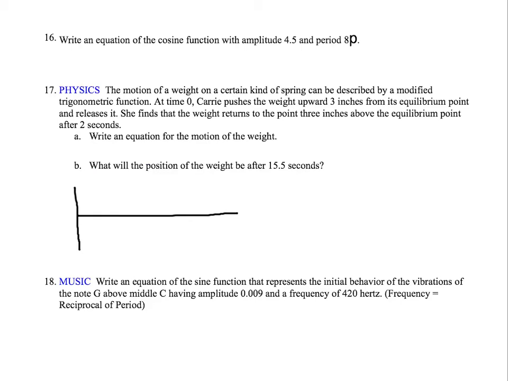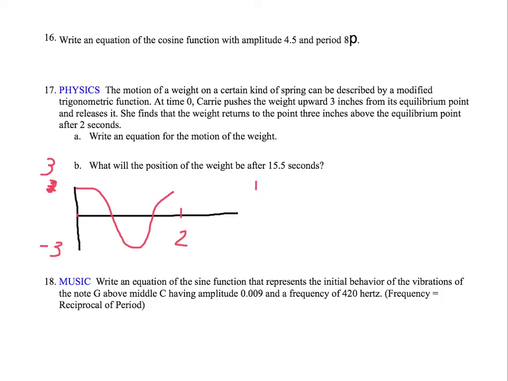Okay, just going to do one of the word problems for you. This physics problem is pretty cool though. The motion of a weight on a certain kind of spring can be described as a trig function, which is true. At time 0, Carrie pushes the weight upward 3 inches. Oh, not 2, 3. So that means we have an amplitude of 3. And it returns to its point 2 seconds later. Ta-da!